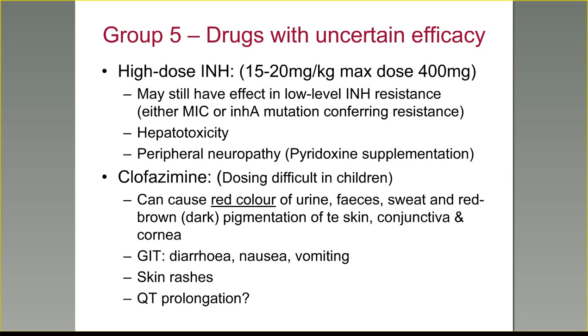The second group 5 drug is clofazimine. Now, clofazimine has only recently been used for tuberculosis, and unfortunately, the dose is quite difficult in the case of children. The adults have reduced their dose from 300 to 100 milligrams per day, and previous dosages described in children were between 3 and 5 milligrams per kilogram.